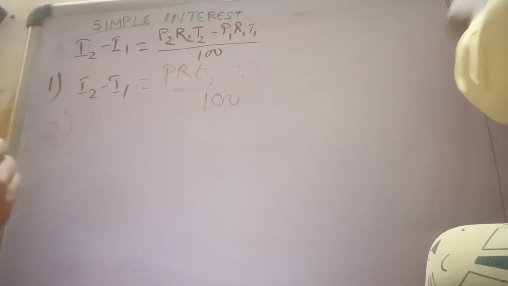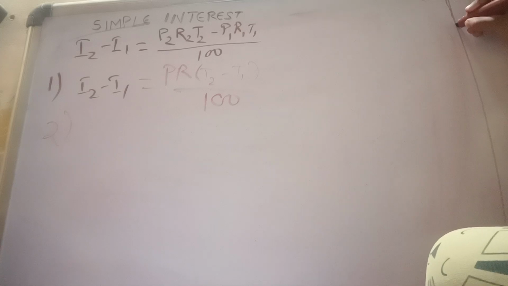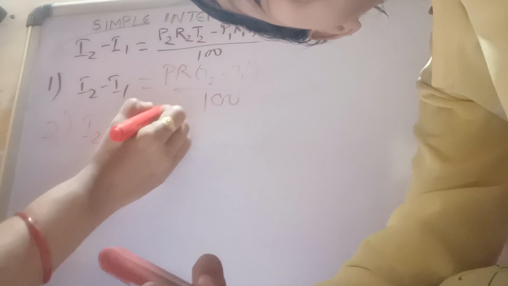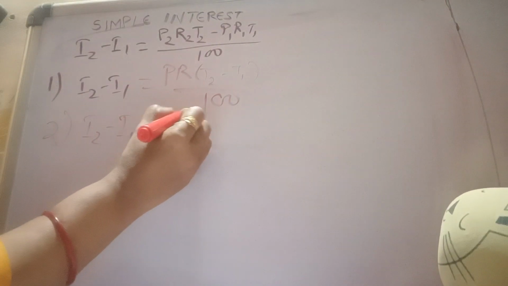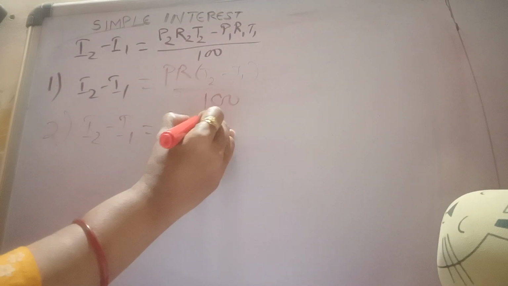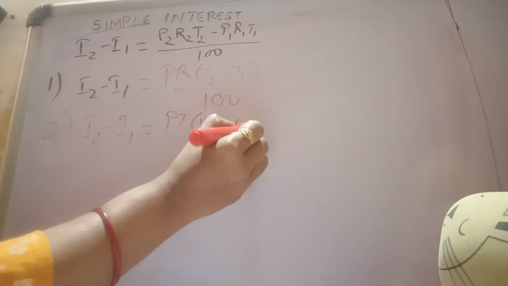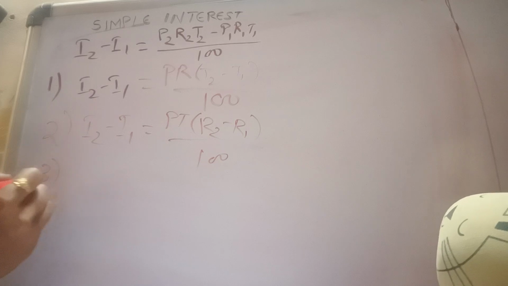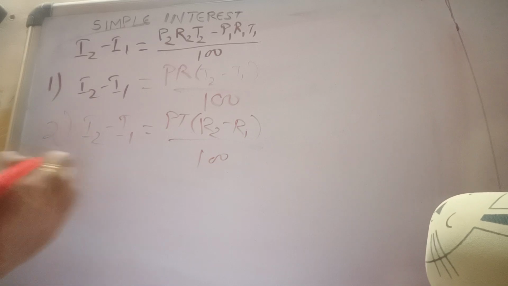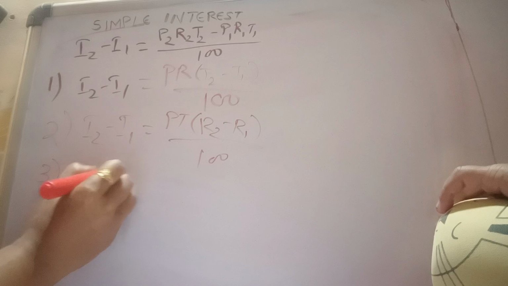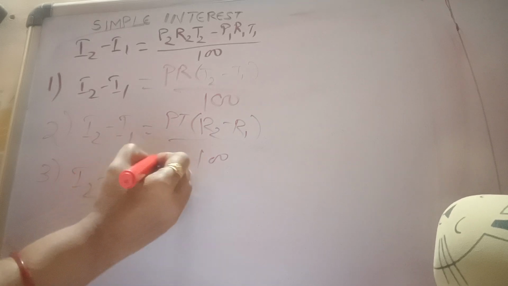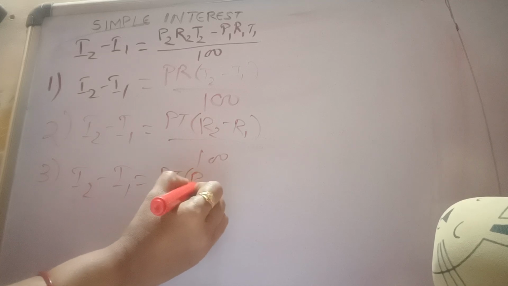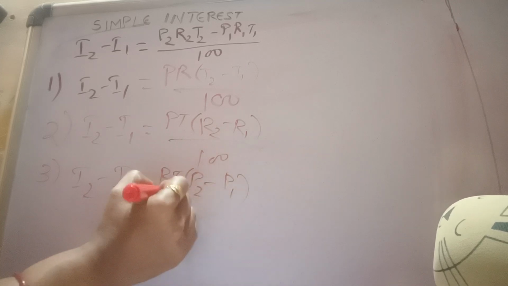Second rule is, when only rate of interest is variable, then I2 minus I1 equals PT whole into (R2 minus R1) divided by 100. Third rule is, when only sum is variable, then I2 minus I1 equals RT whole into (P2 minus P1) divided by 100.